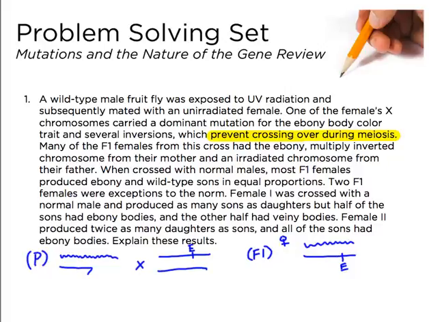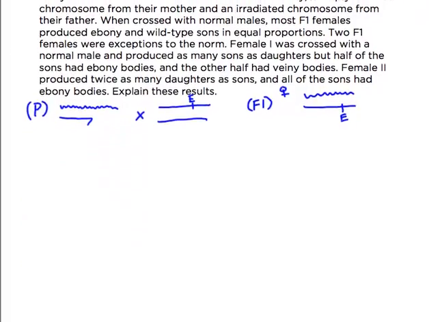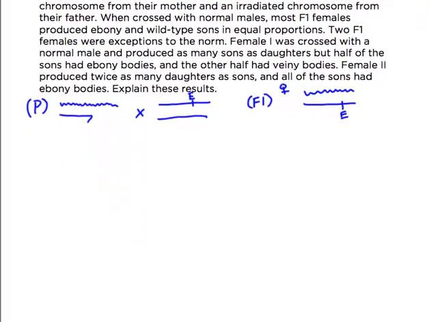Female 1 was crossed with a normal male and produced as many sons as daughters, but half of the sons had ebony bodies and the other half had veiny bodies. So now we're looking at 2 F1 females. I'm going to write it as F1-1 and F1-2. Remember, these were crossed with normal males.